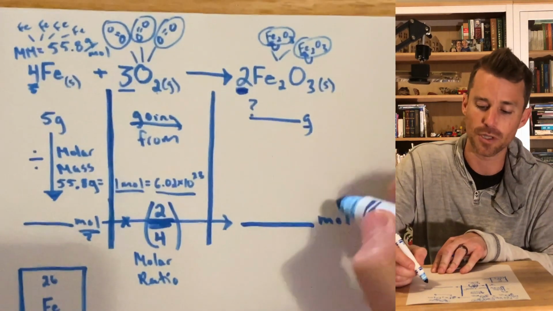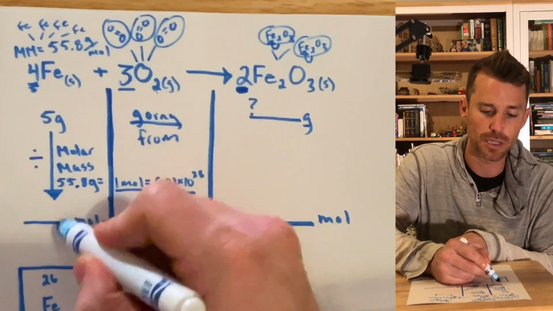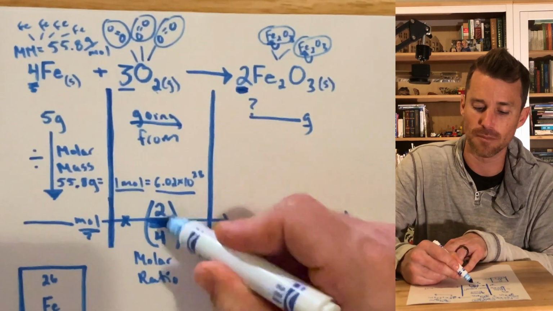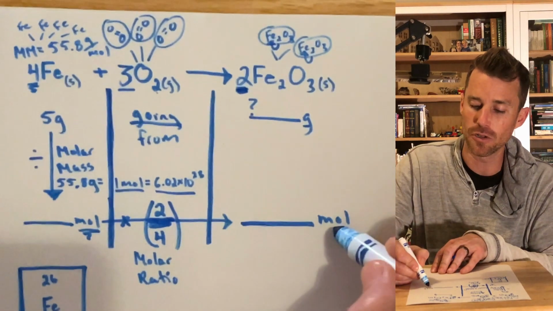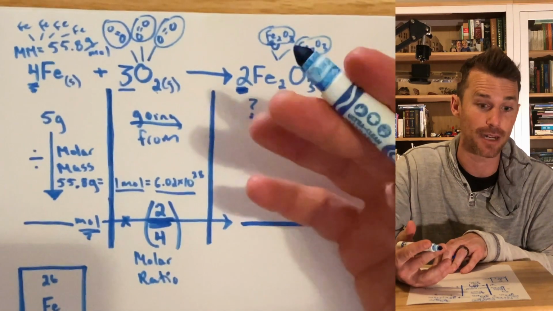My new moles are now moles of iron oxide. I was in moles of iron, but when I cross this divide using the mole ratio, 2 over 4, I now get into my new moles of iron oxide.